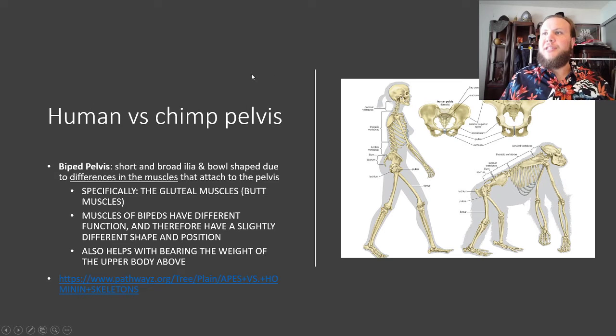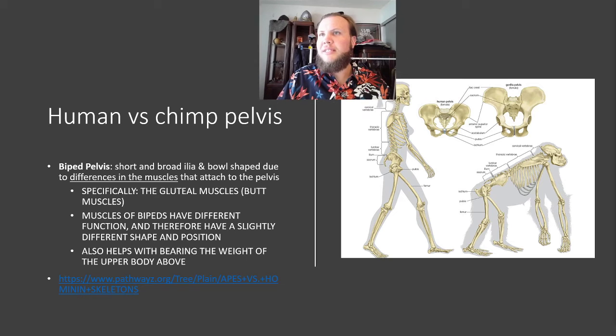Our pelvises, like we said, are narrow and basin shaped, and this is to support walking forward and to provide more muscle attachment, because we need more robust gluteal muscles, so butt muscles, than like a gorilla, right? And this also helps with weight bearing. And we have a video down here that shows the differences between the bipedal walking of chimpanzees, our early ancestors, and also us.